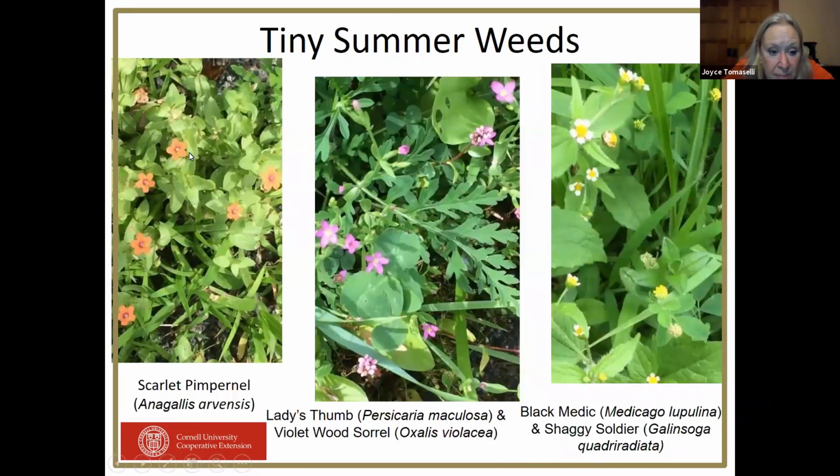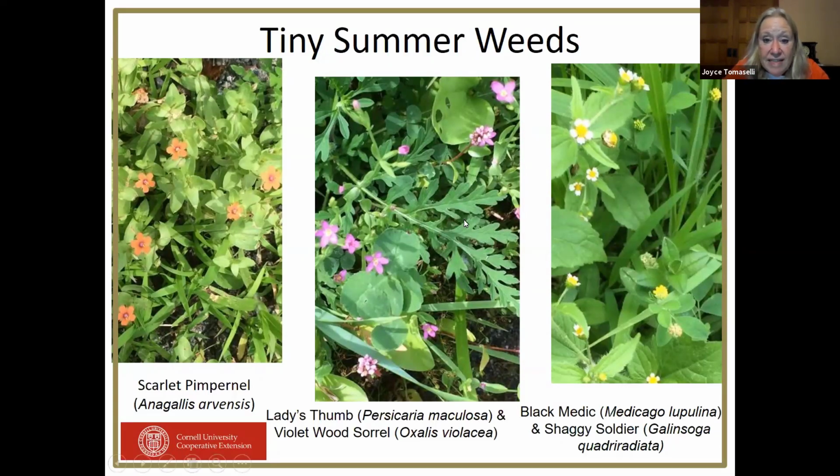And we have Scarlet Pimpernel, and we have, I can't read that on the bottom, which is Lady's Thumb. And then over here, I forget that one, I can't read it either. That's Black Medic with the yellow, and that ends up getting black seeds.